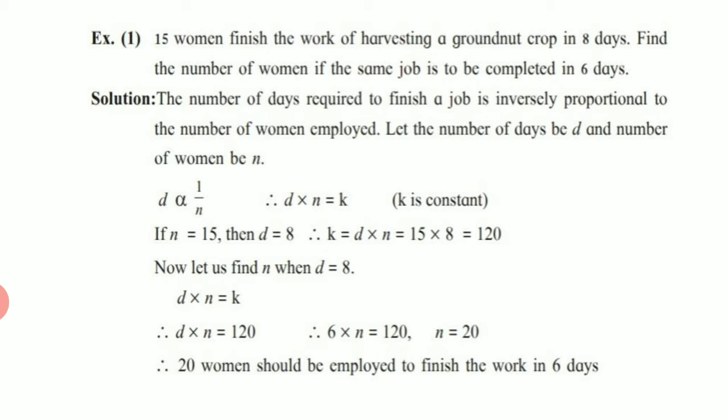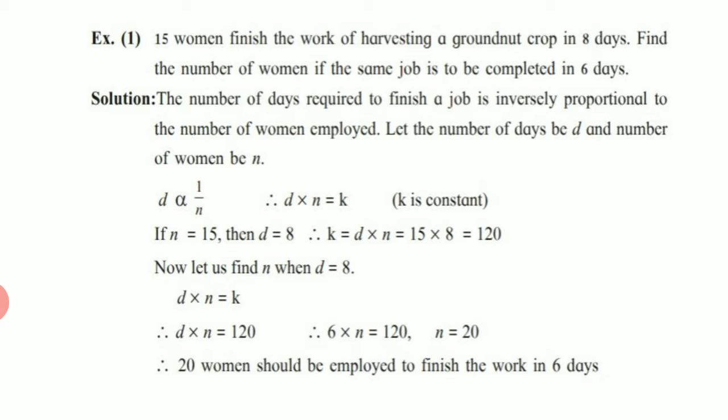Example number 1. 15 women finish the work of harvesting a groundnut crop in 8 days. Find the number of women if the same job is to be completed in 6 days. The number of days required to finish a job is inversely proportional to the number of women employed.